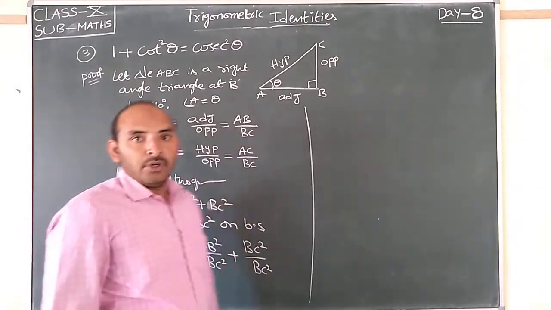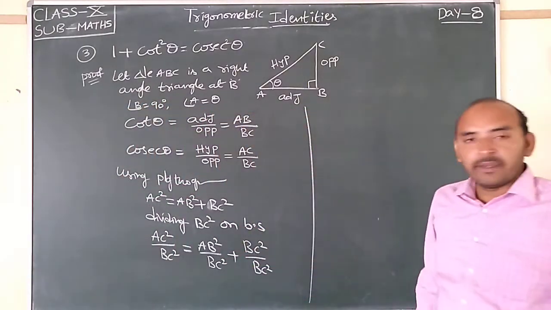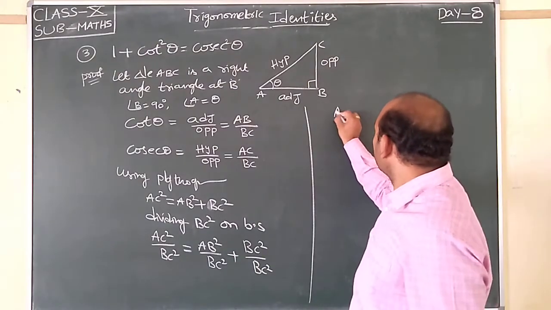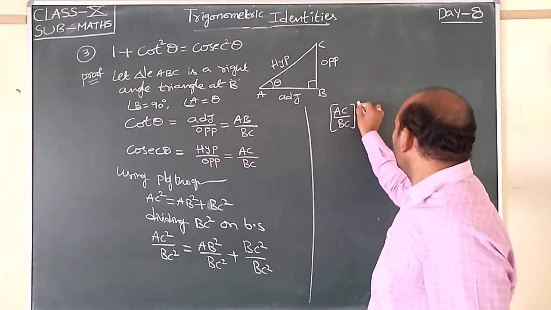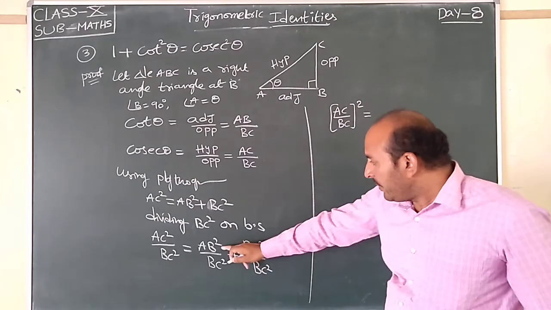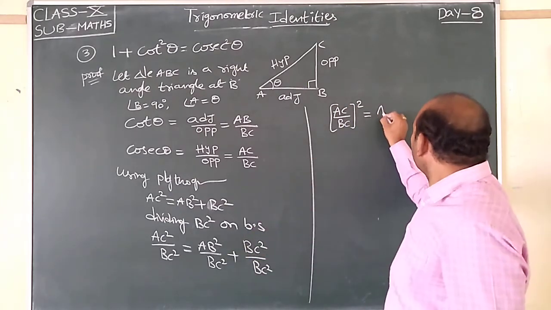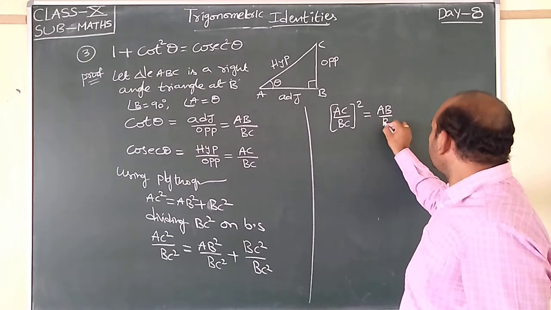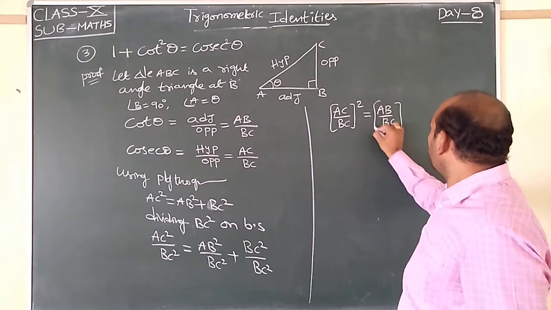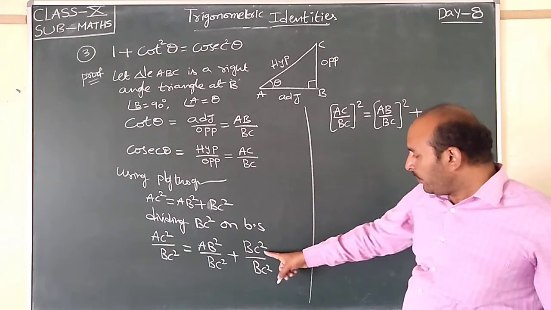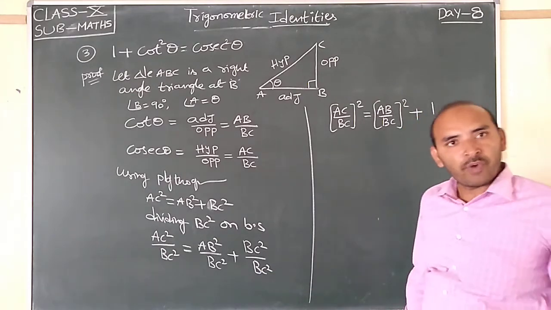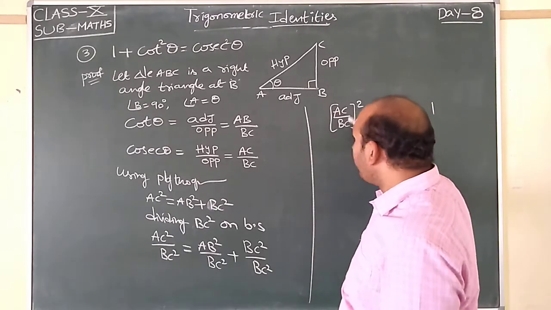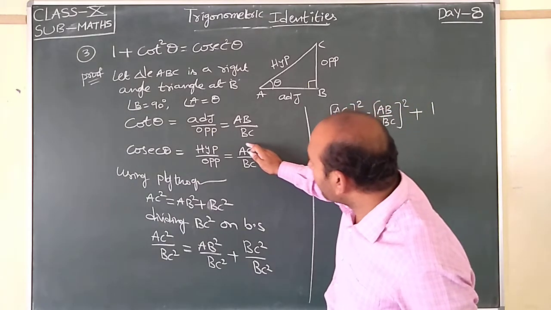Next, you can write AC square by BC square as AC by BC whole square, equal to AB by BC whole square plus, here the numerator and denominator are the same terms, so they cancel, and you can write 1.